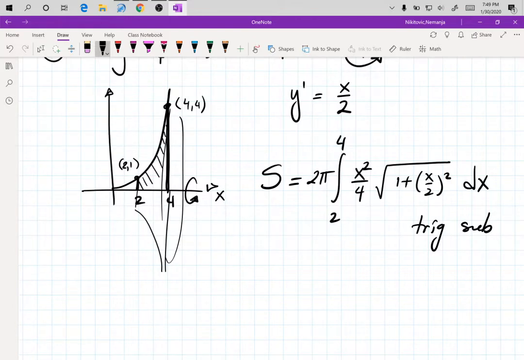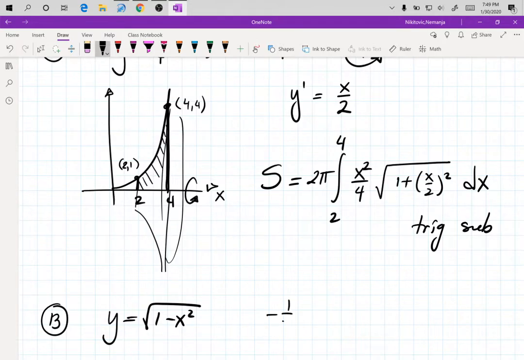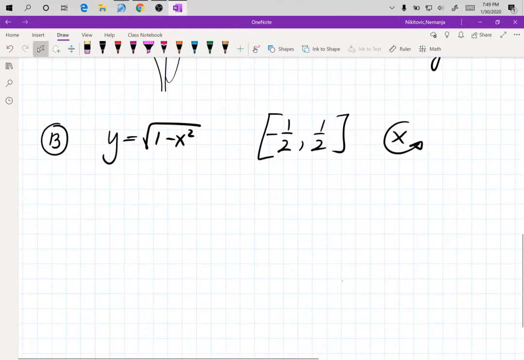Let's pick the next example, 13. y equals the square root of 1 minus x squared, from negative 1/2 to positive 1/2 on the x-axis. This function given to you is the upper half of a circle of radius 1.